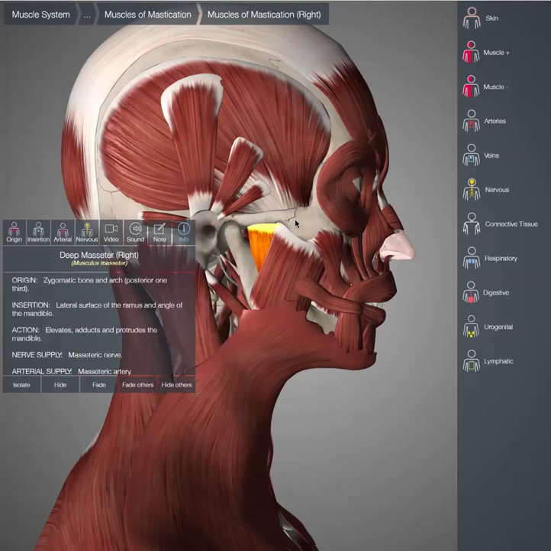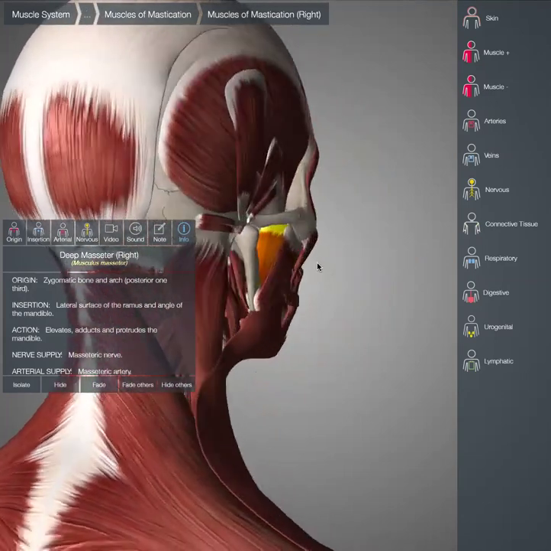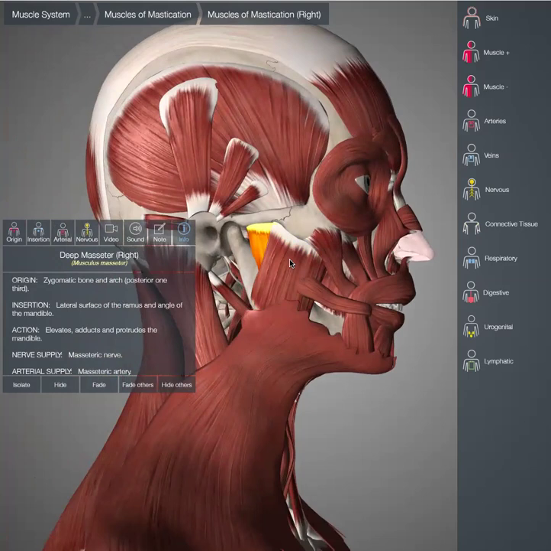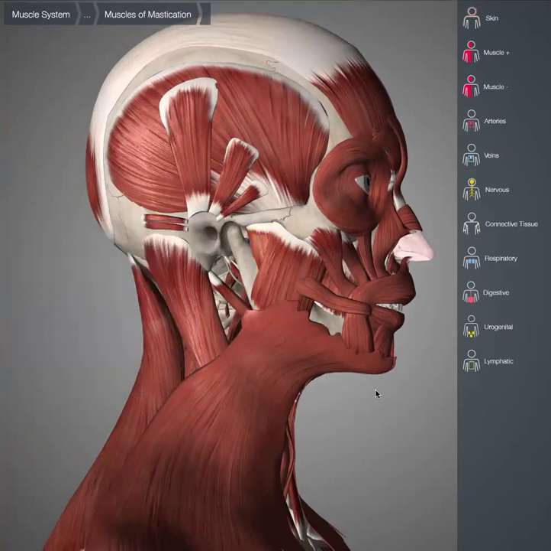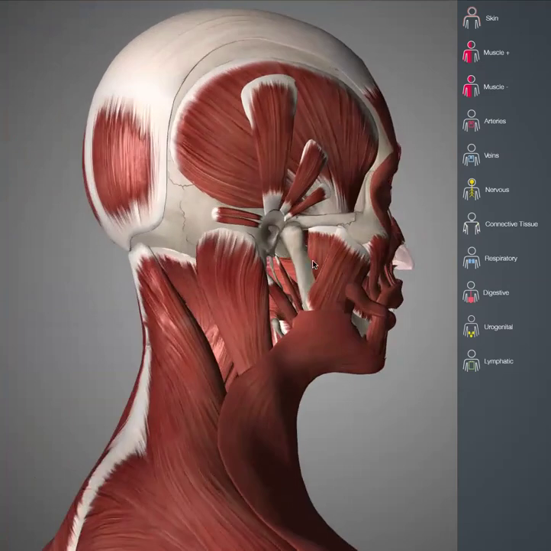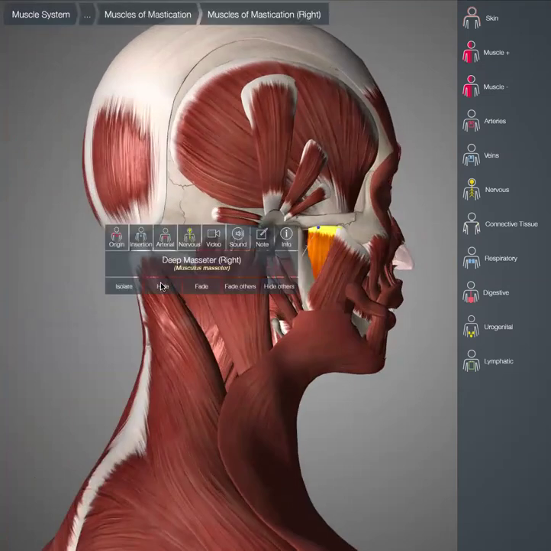Insertion, angle of mandible, same. Action, elevation. Nerve supply, masseteric. Both are the same, but just know there are two heads, one superficial and one deeper. That's the difference.